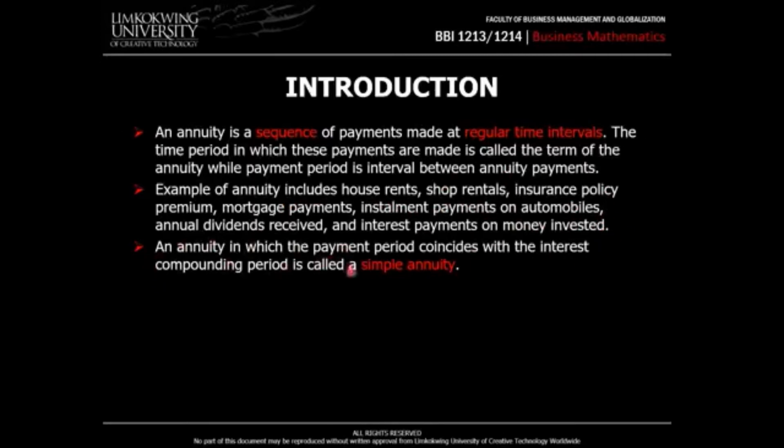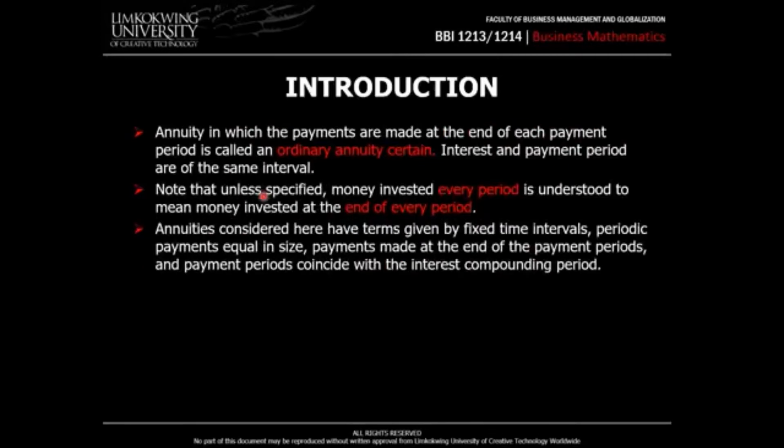An annuity in which the payment period coincides with the interest compounding period is called a simple annuity. As I mentioned just now, we have a few types of annuity, but we are not looking into the simple annuity, but only the ordinary annuity certain. An annuity in which the payments are made at the end of each payment period is called an ordinary annuity certain.